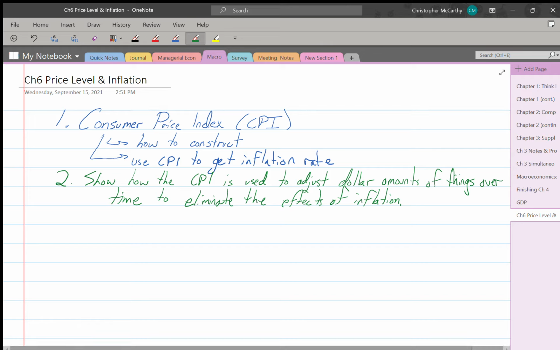Because what we really want at the end of the day is to look at economic activity. And inflation is going to get in the way. It's going to confound us looking clearly at just economic activity.